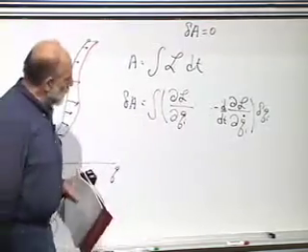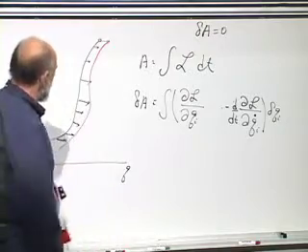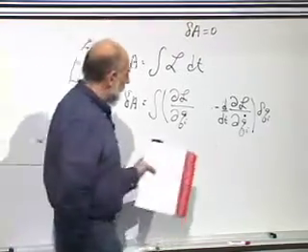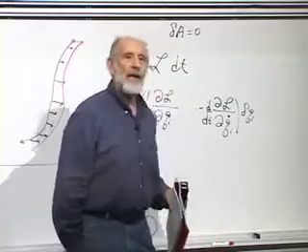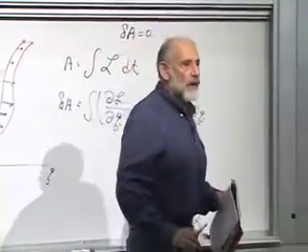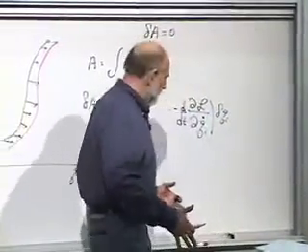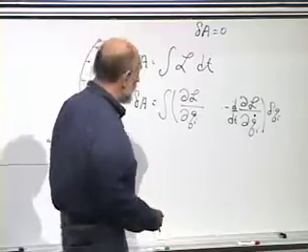There's an endpoint contribution coming from the integration by parts. The endpoint contribution happens now because delta q sub I is not 0 at the endpoints. So we're doing a variation which is not a legal variation from the point of view of the least action, but nothing to prevent us from doing it.